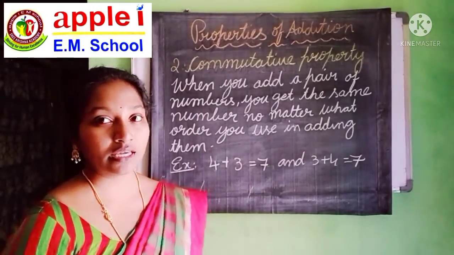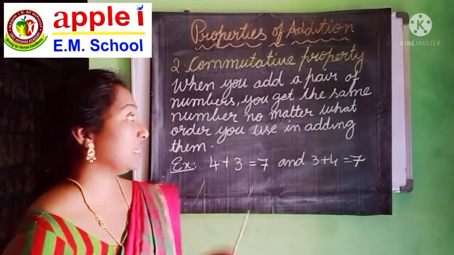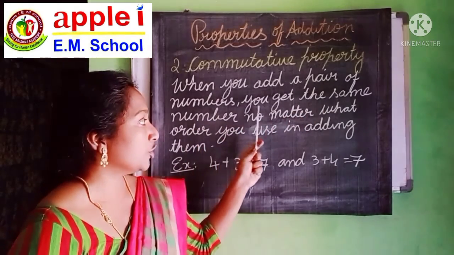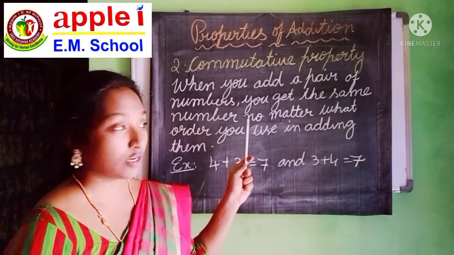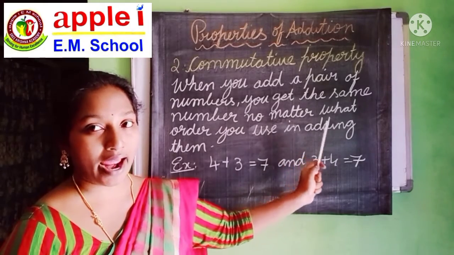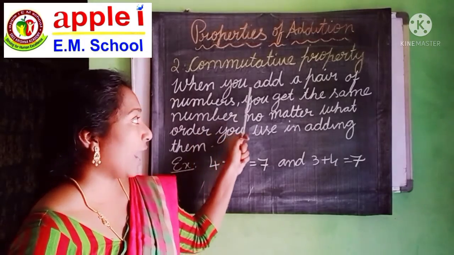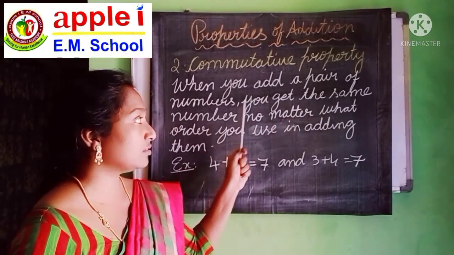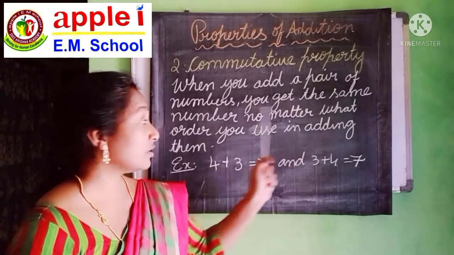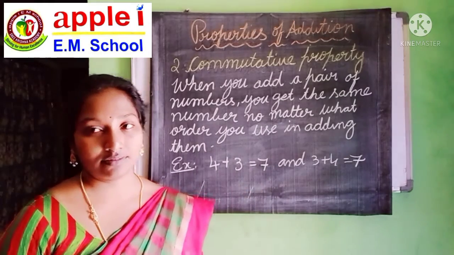Second property, commutative property. When you add a pair of numbers, you get the same number no matter what order you use in adding the numbers.